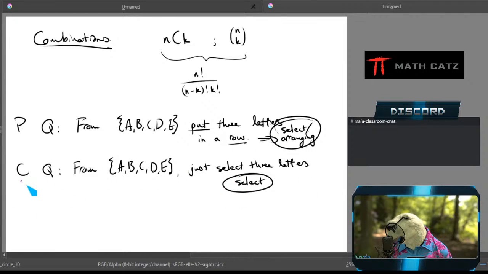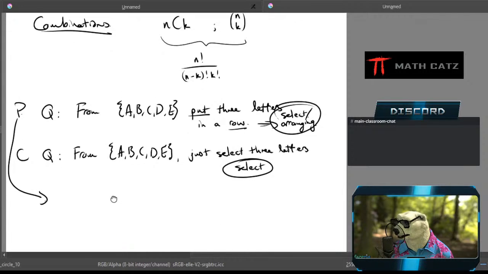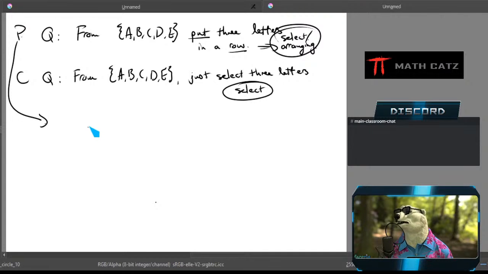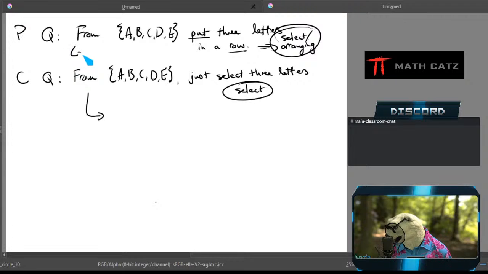So by separating the selection from the arranging, I can now go and redo the permutation question without the permutation formula. Okay, so let me backtrack just a second. Not much. So let's squeeze it in here.